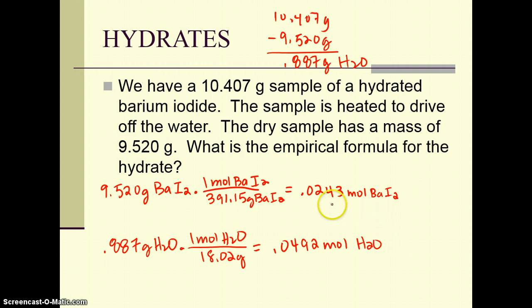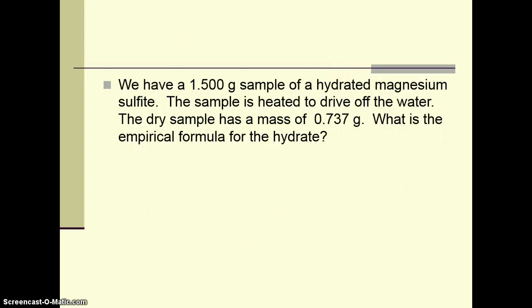I'm going to divide through by my lowest number, 0.0243, and that's going to be 1, that's going to be 2, and when I write this, it's BaI2 dot 2H2O. Remember, in chemistry that does not mean multiply. That's how we show that it's loosely attached. In fact, it's sort of added on. Let's take a look at another.